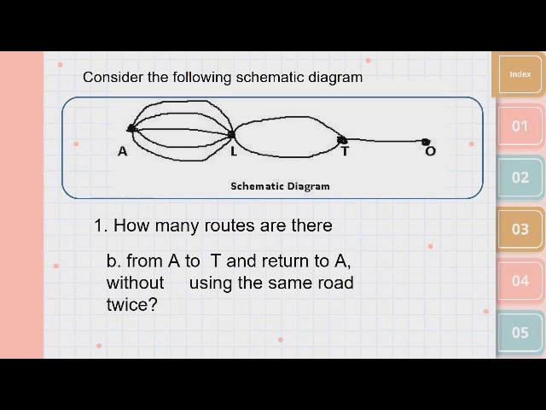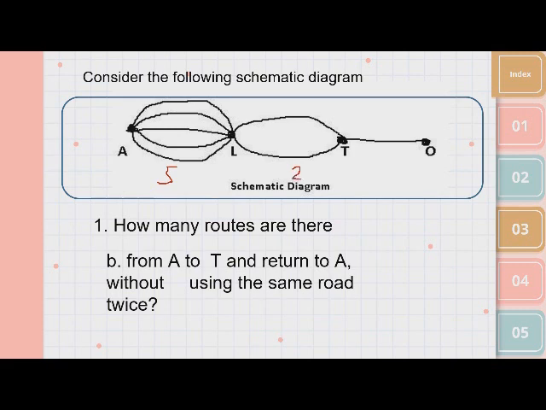So how are we going to do it? We have solved already problem letter a a while ago, so we can use the counting of the routes. From A going to L we have 5 routes. Then from L going to T we have 2 routes.